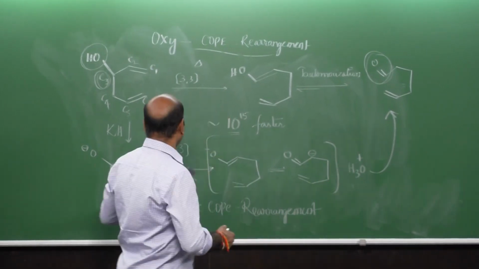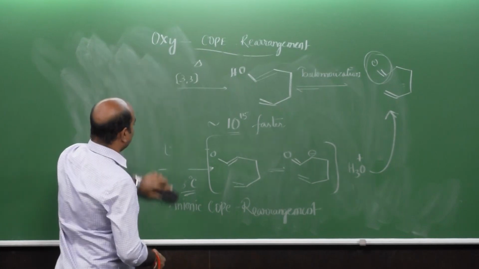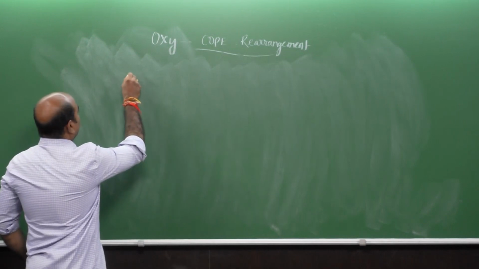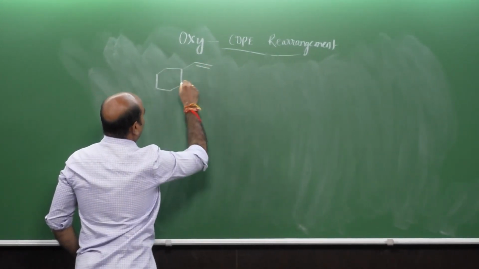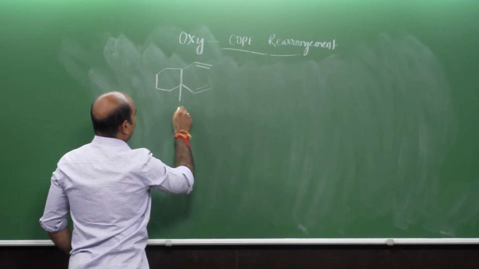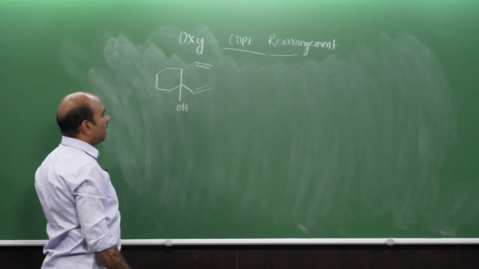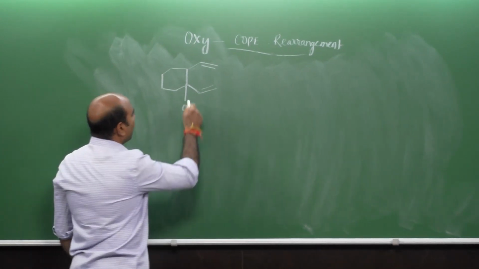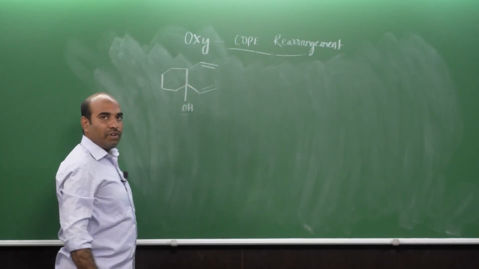So if you can quickly try some of the examples of Oxy-Cope rearrangement, we'll be done with this task. See this example. This is a typical example of Oxy-Cope rearrangement reaction where the C3 carbon atom is having the oxygen functionality.